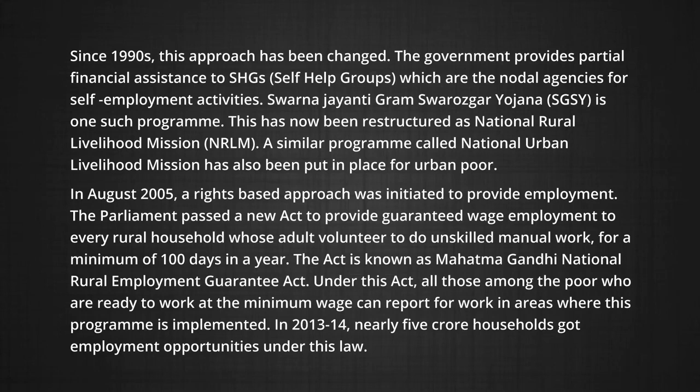The act is known as the Mahatma Gandhi National Rural Employment Guarantee Act. Under this act, all those among the poor who are ready to work at the minimum wages can report for work in areas where this program is implemented. It was found that in 2013 and 14, nearly 5 crore households got employment opportunities under this law.